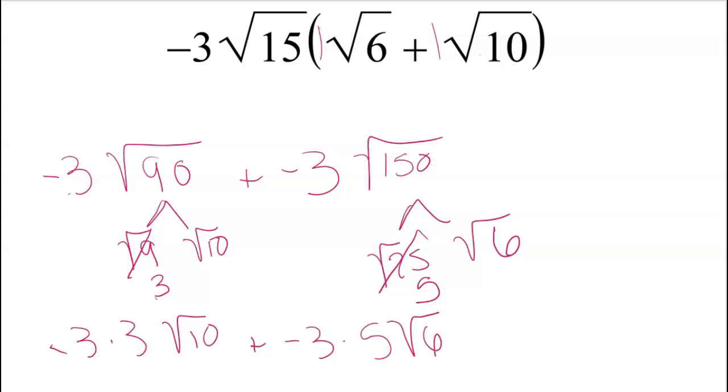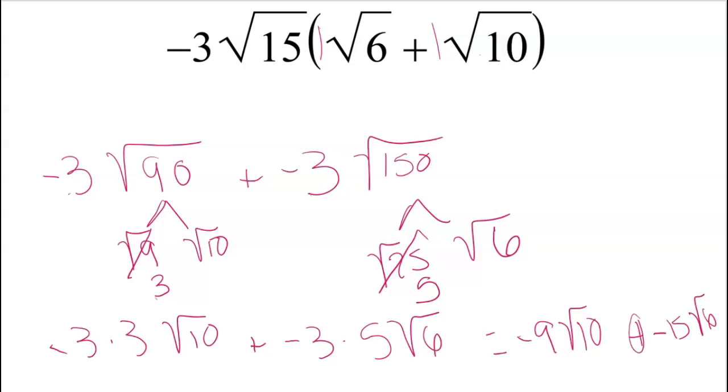Negative 3 times 3 is negative 9 square root of 10, plus negative 3 times 5 is negative 15 square root of 6.